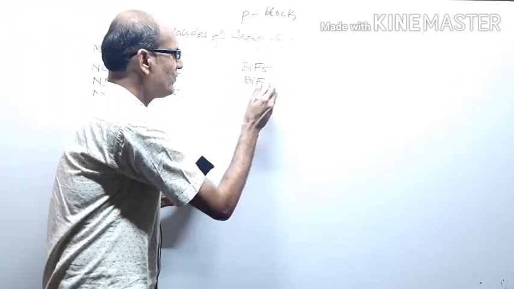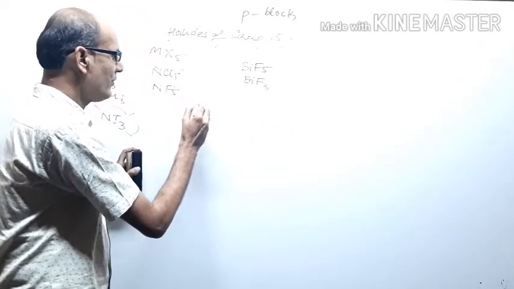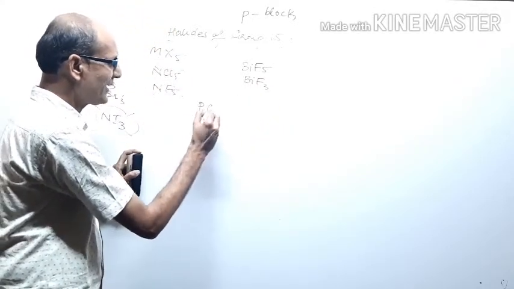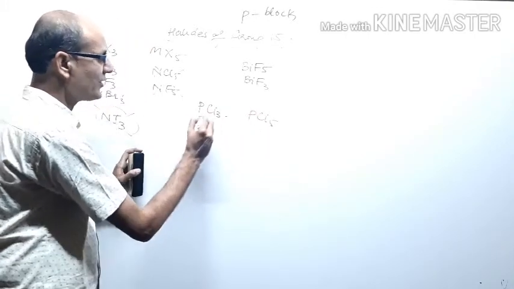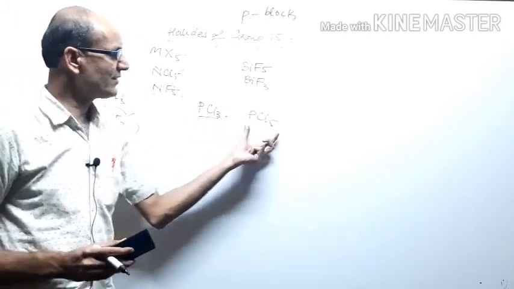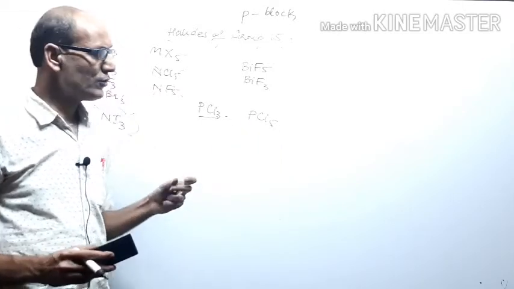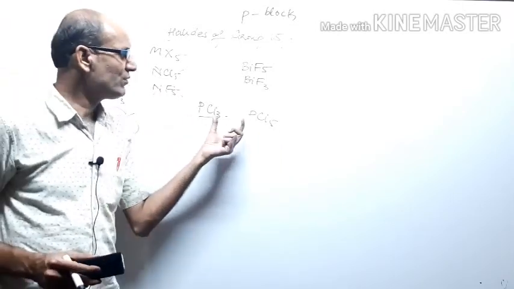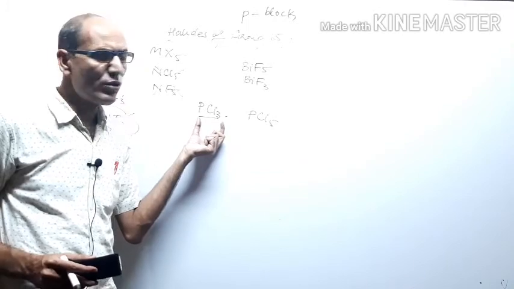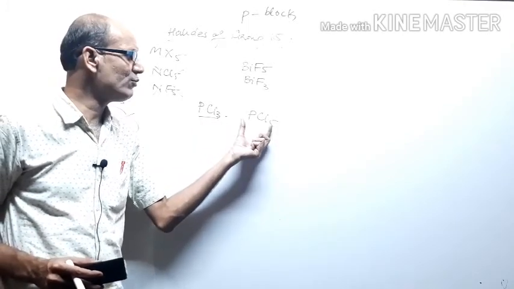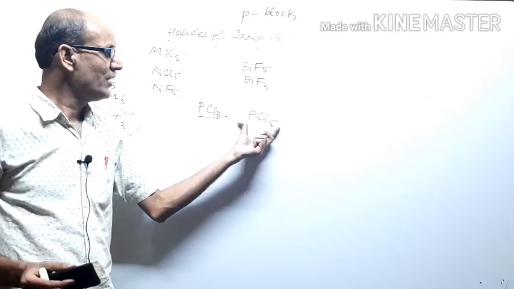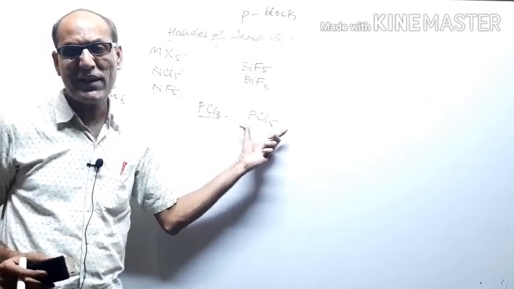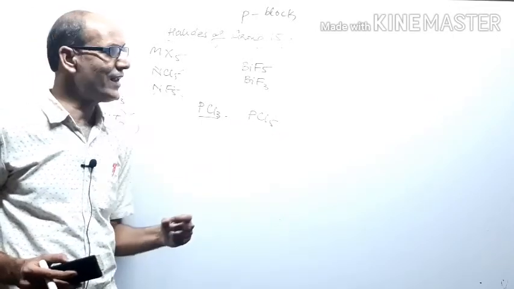And dear student, phosphorus can easily form both types of halides, PCl3 and PCl5. This is phosphorus trichloride and this is phosphorus pentachloride. So phosphorus trichloride is more stable than phosphorus pentachloride, but phosphorus pentachloride is the most important pentahalide of the group 15 elements.